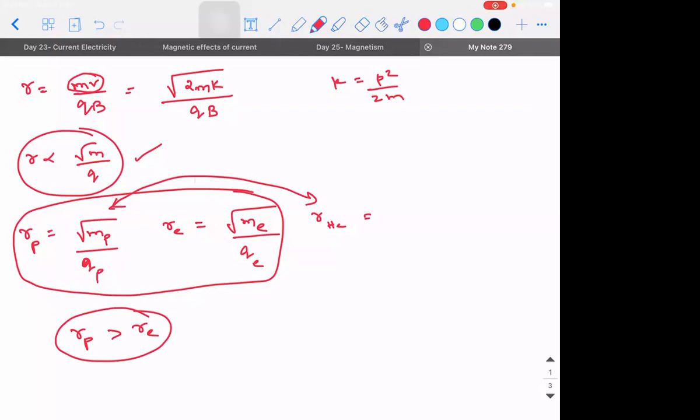So it will come as root mp by root 2 qp, I think. By 2 times the charge, root 2 sir. There are two protons, right? So 1 by root 2 into RP. Basically 1 by root 2 times RP. Then what should be the answer?